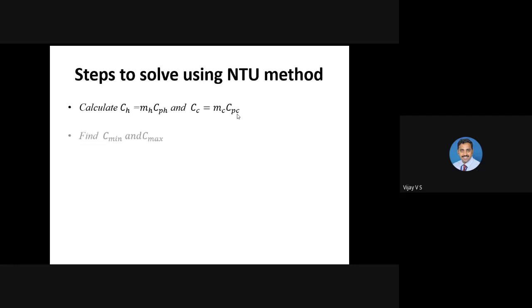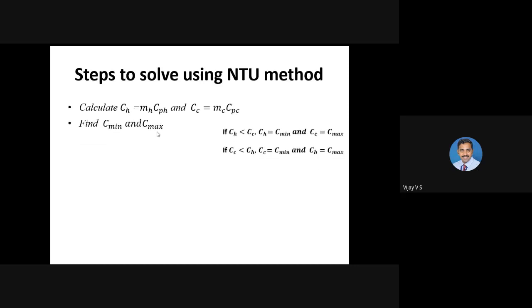Then find out which is C minimum and C max. If CH is less than CC, you get CH as C minimum and CC as C max. And if CC is less than CH, you get CC as C minimum and CH as C max. Then find out the capacity ratio, that is C minimum by C max. After that, find out NTU, the number of transfer units, which is given by UA by C minimum. U is the overall heat transfer coefficient, A is the area.